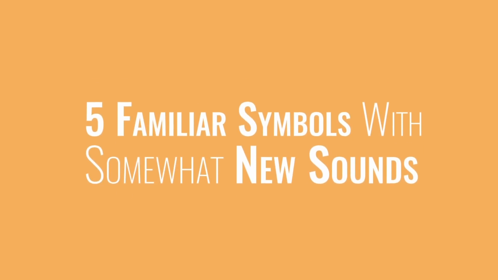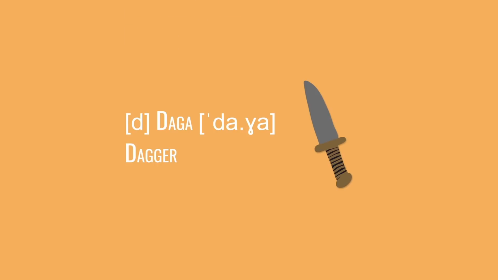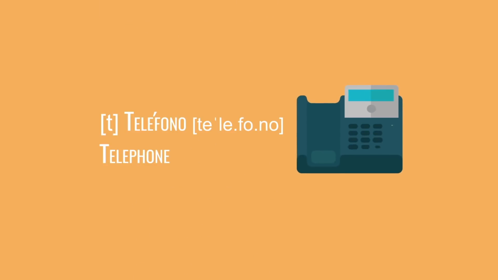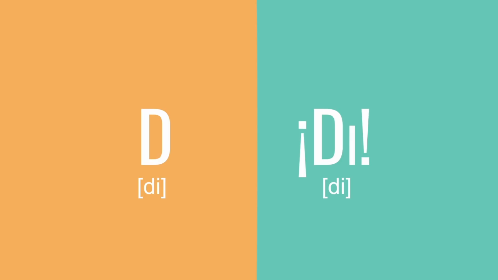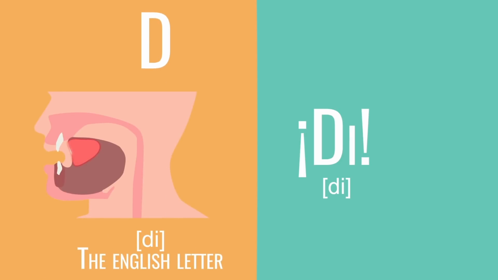Next, we have 5 familiar symbols that sound a little different than what you're used to. We'll start with what looks like a D and a T. There's D as in daga and T as in teléfono. If you're comparing these consonants in English and Spanish, you can say D and D. If you pay close attention, you'll notice that in English, the very tip of your tongue hits the alveolar ridge, that ridge right behind your front upper teeth.